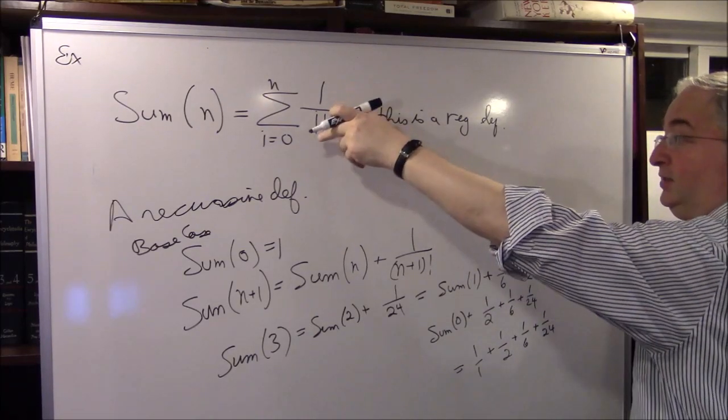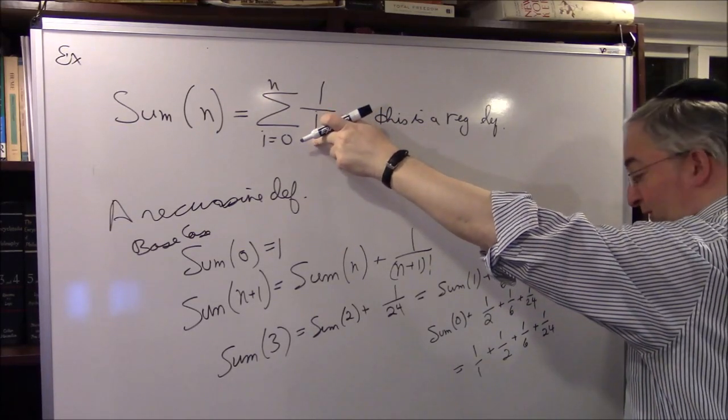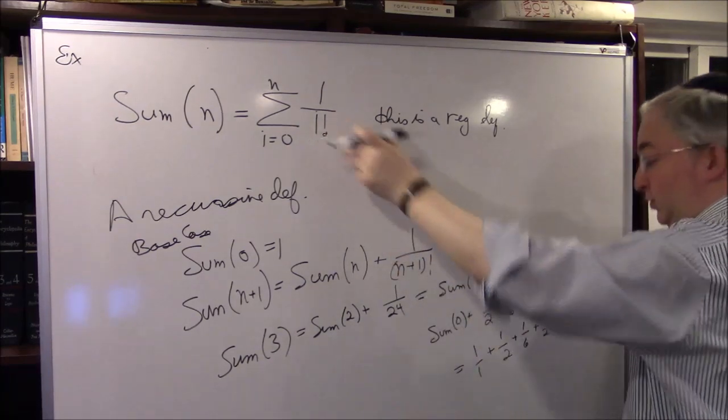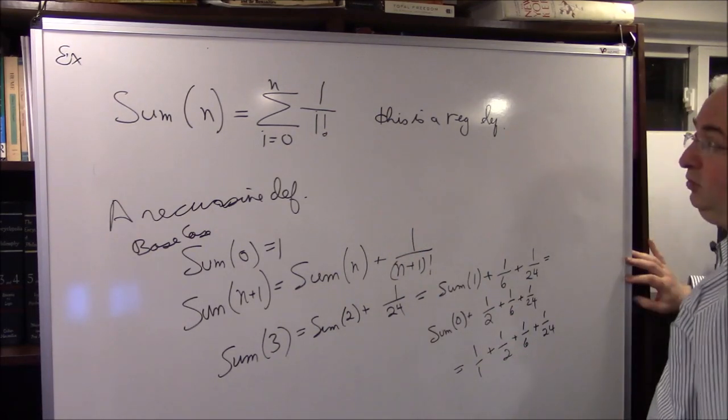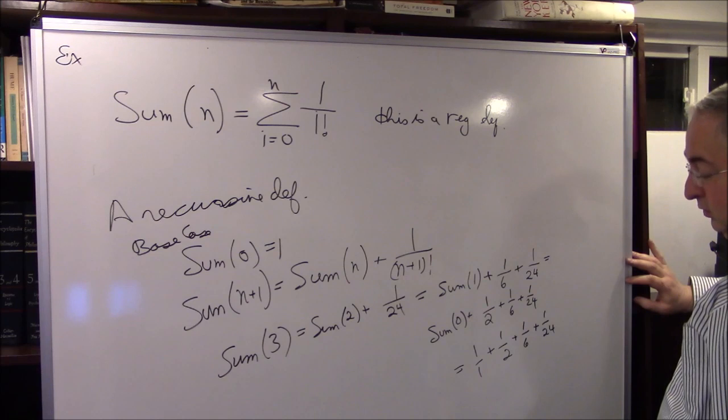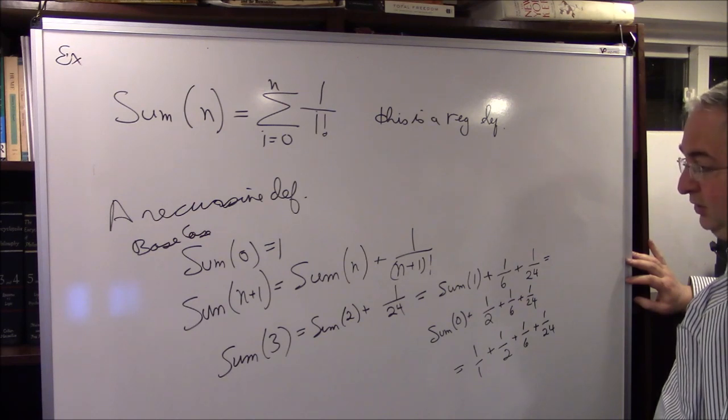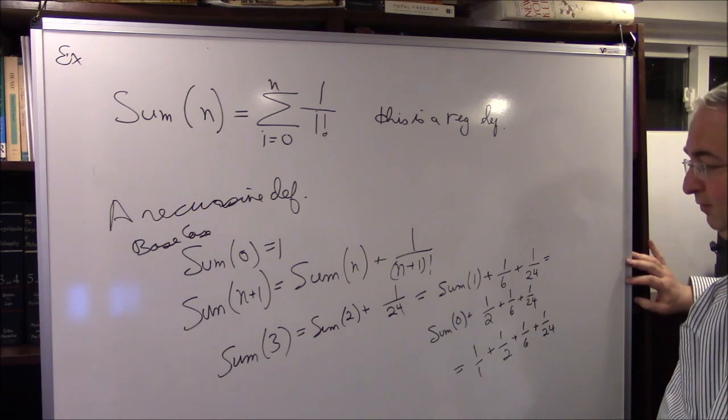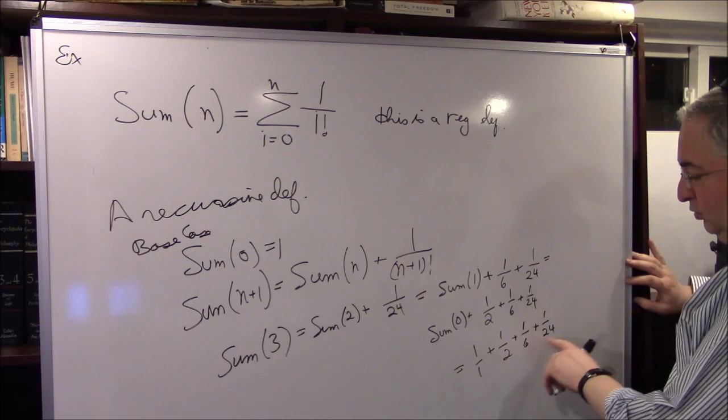It's 0 factorial, that's that, plus 1 factorial, right, sum of 3. So sum of 3 is 0, 1, 2, 3.